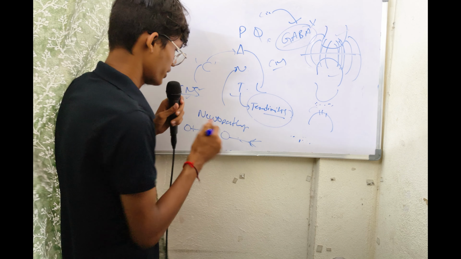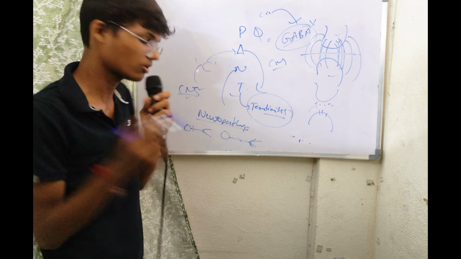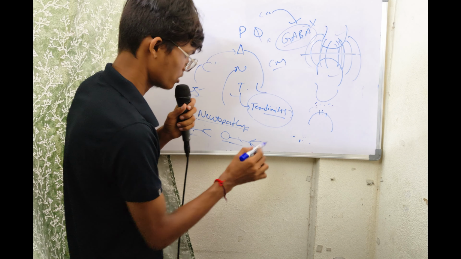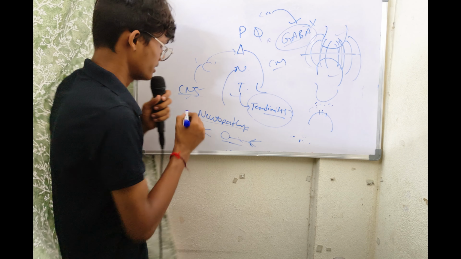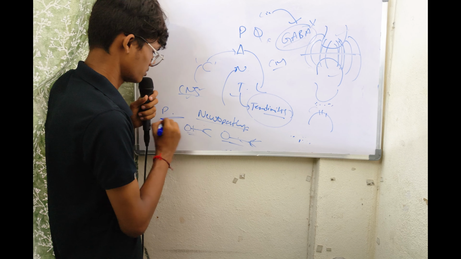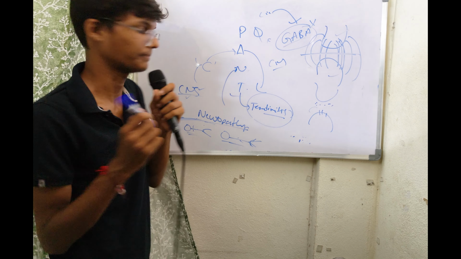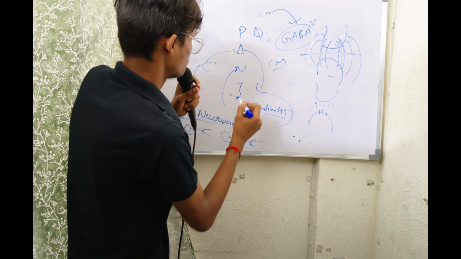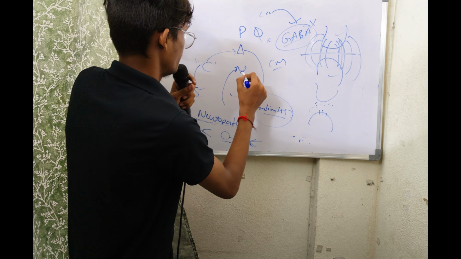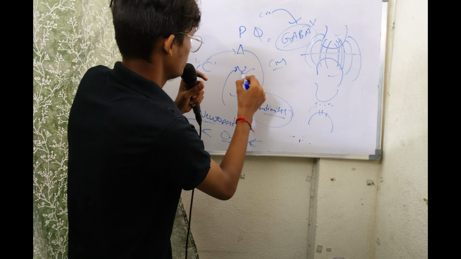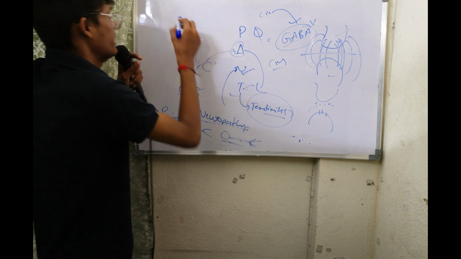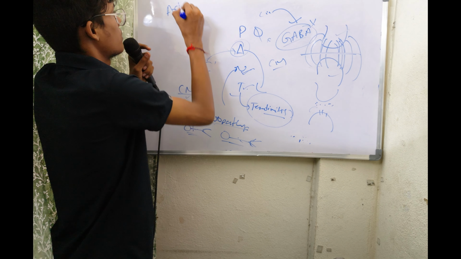That points towards neuropathy, which is because the neurons are getting damaged. The most probable name is peripheral neuropathy. Okay, we finished T, we finished C, we finished N and A. In the A, it is arthropathy.